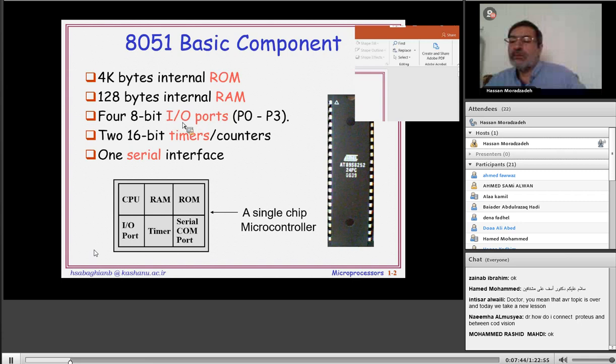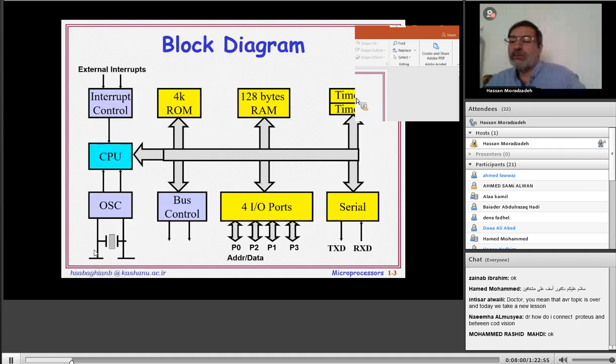Here is the block diagram inside this microcontroller. See its CPU, the central processing unit. All of these blocks are inside the microcontroller. There are some spaces for RAM, here 4K, here 128 bytes. Then timers: timer 0, timer 1, timer 2.